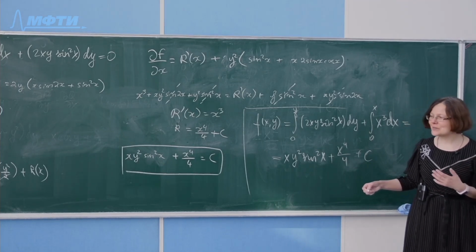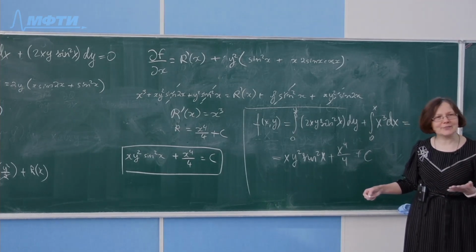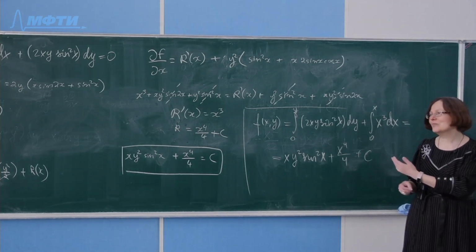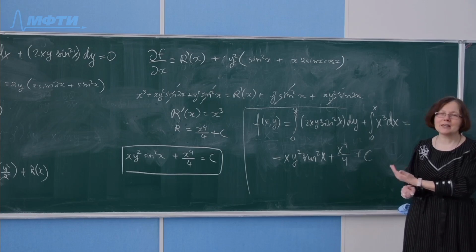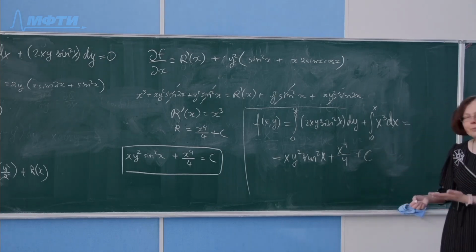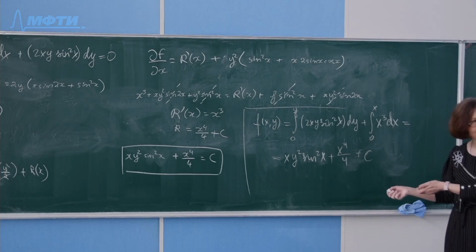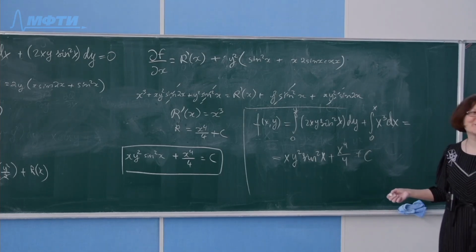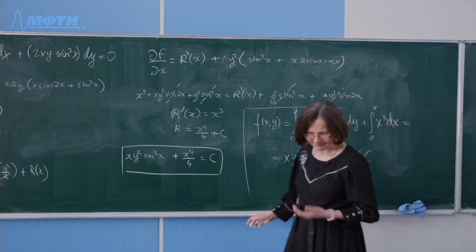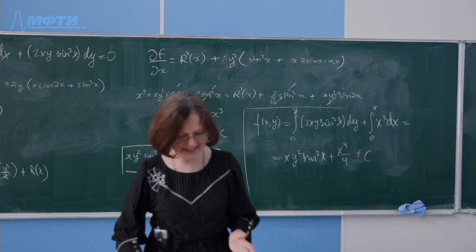If you choose a more complicated way, maybe you get a more complicated formula, but it would be simplified to this one, right? You may try if you want, but I don't want. Right. So is the method clear?